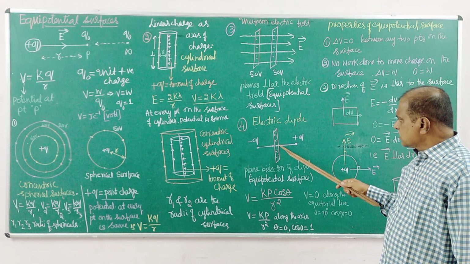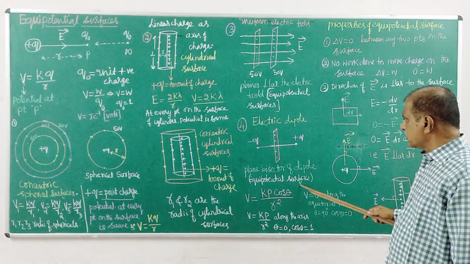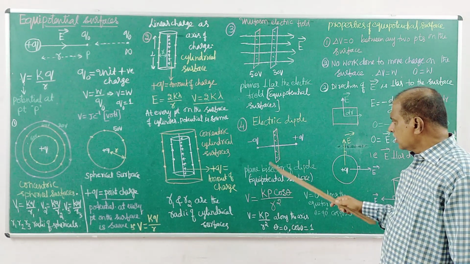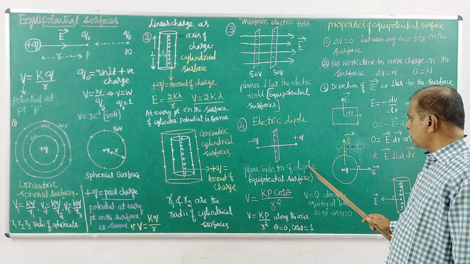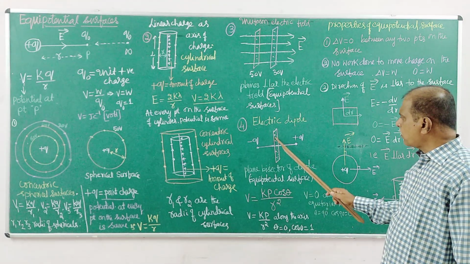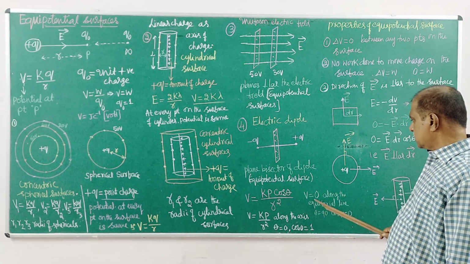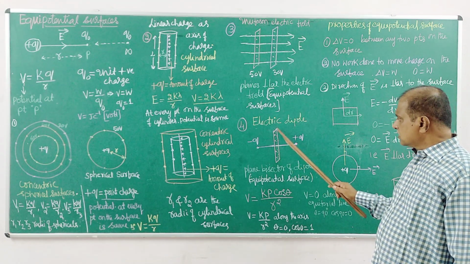So this is called an equipotential surface. The plane passing exactly through the center point is the bisector plane of the dipole. And observe that every point on the plane has the same potential, that is, 0 potential.